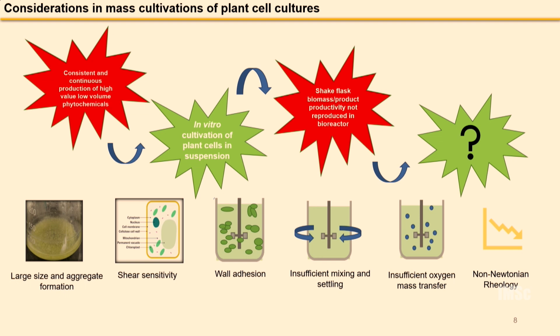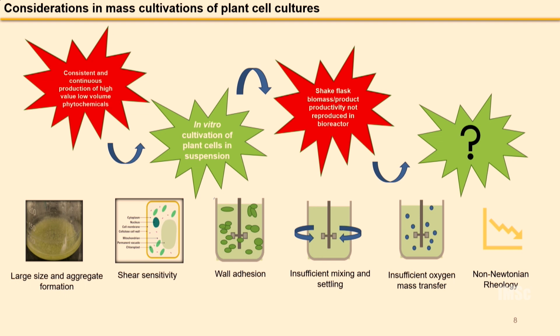So in order to produce high quality plant products, we go for in vitro cultivation of plant cells in suspension. But the problem in plant cells is not with respect to the next step of bioreactor scale up, but actually when we go from shake flask to the reactor itself, there is a dip in the biomass and product productivity. So we are looking into how we can use computational fluid dynamics to address this problem.